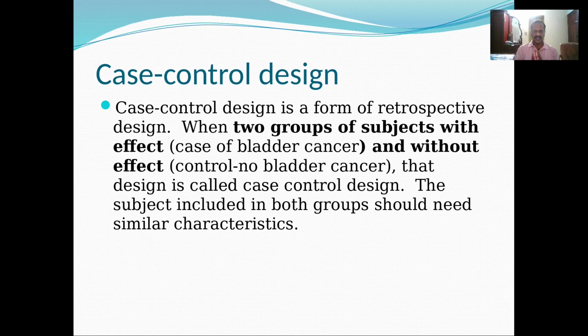For example, here we select one group of patients with bladder cancer and another group of persons as a control group with no bladder cancer. Now when we look at saccharin intake or other aspects, it makes things clearer than the retrospective design, and the surety is more.